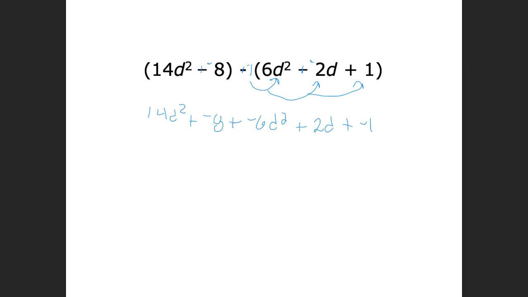Now I can start adding like terms together. So I've got 14d squared and -6d squared. That leaves me with 8d squared. Those are gone. I have -8 and -1. Well, that gives me -9, but I still have this 2d here, so I'm just going to add, because that way it's in standard form right away.